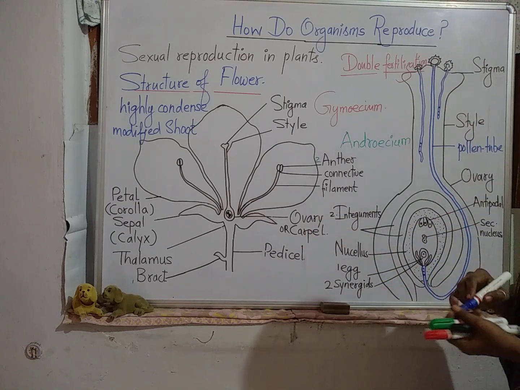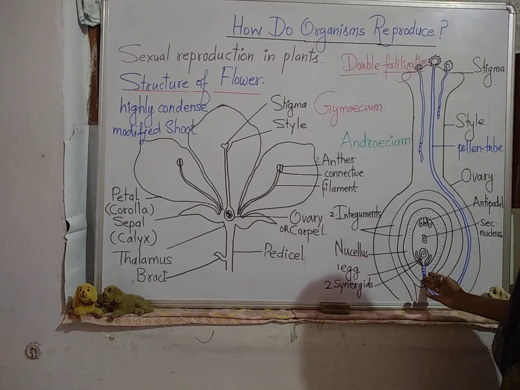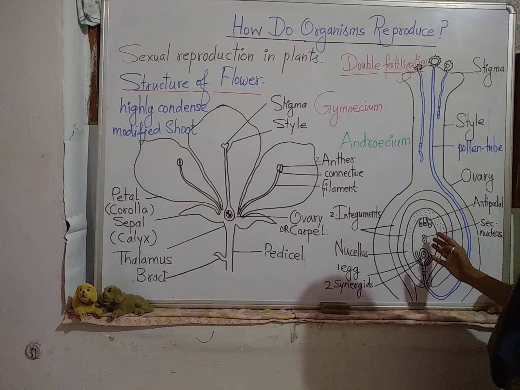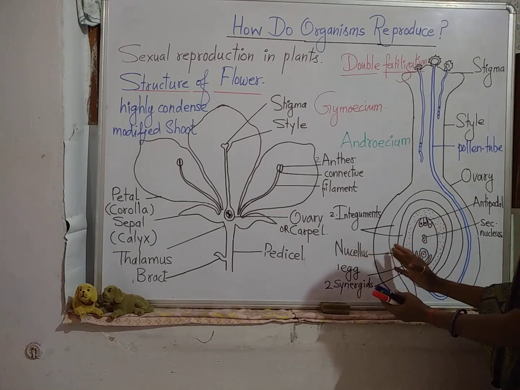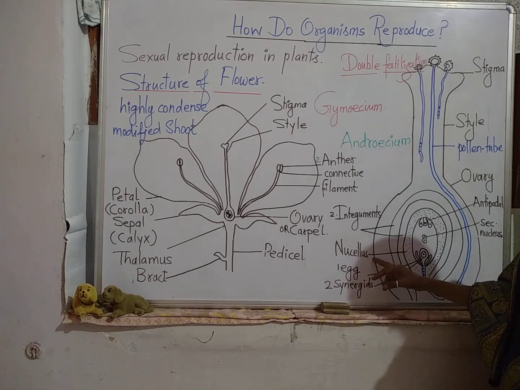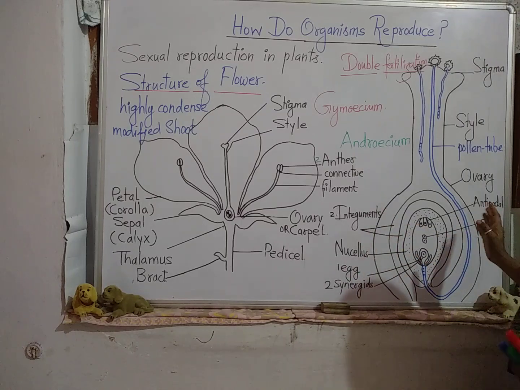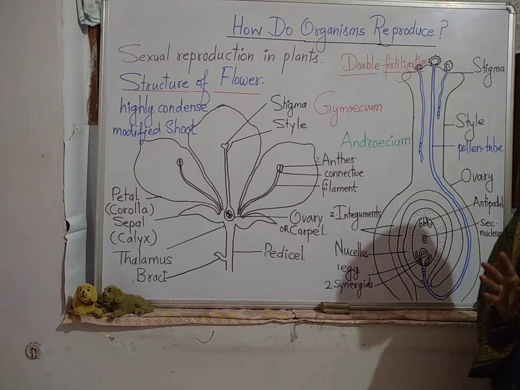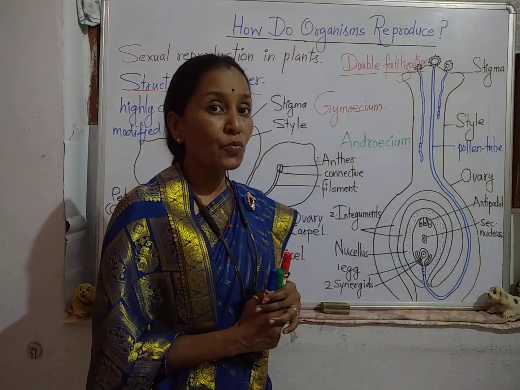The pollen tube grows towards the embryo sac, because in the embryo sac there is an egg. The embryo sac is present in the nucellus, which is surrounded by the two integuments. Here I am drawing the structure of an angiospermic ovule, which is the anatropous ovule.